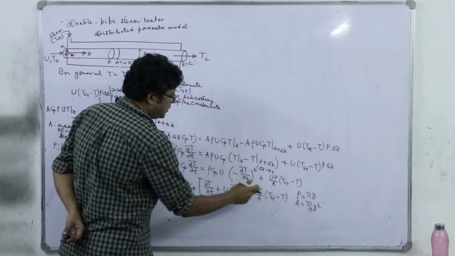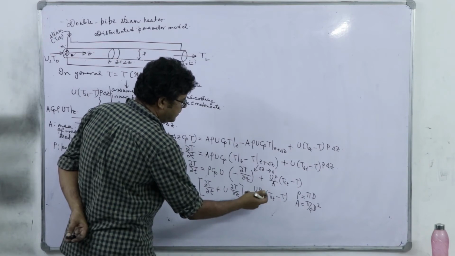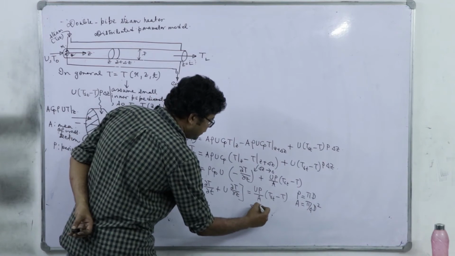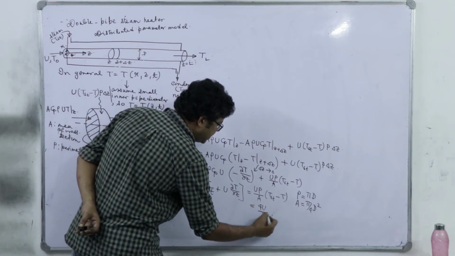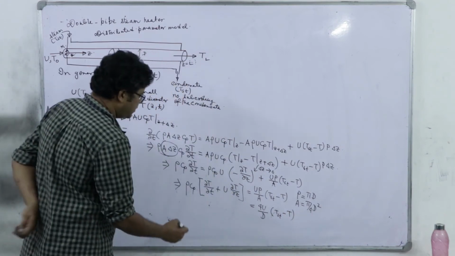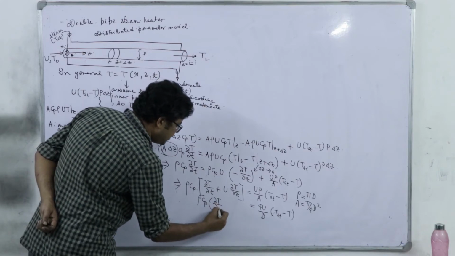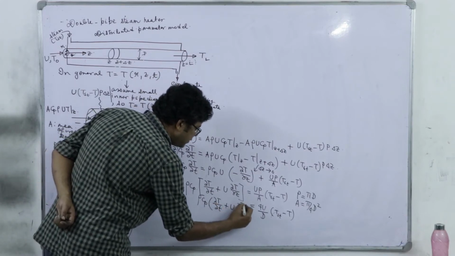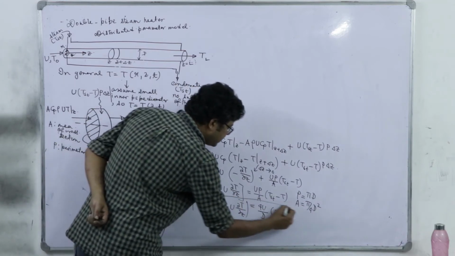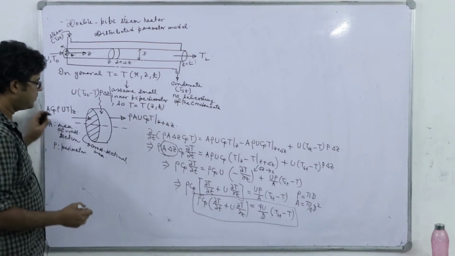So, if I substitute pi into D and pi by 4 D squared, we get 4 into U divided by D into T steam minus T. So, rho Cp del T plus U del T del Z. So, that is my state model of that system.